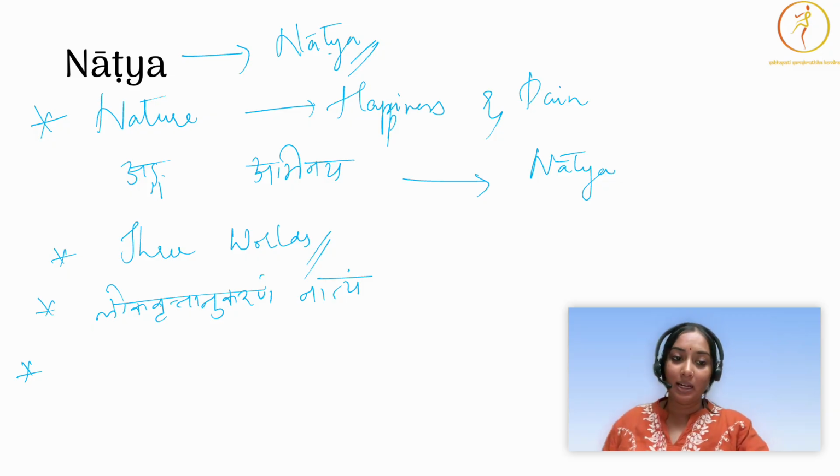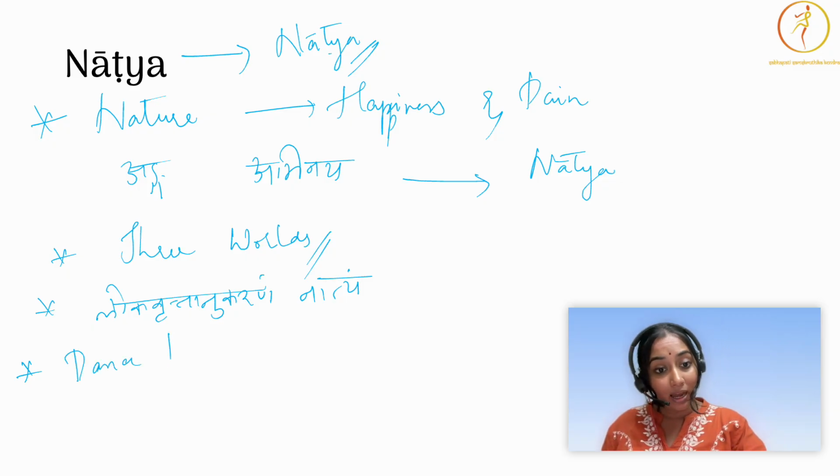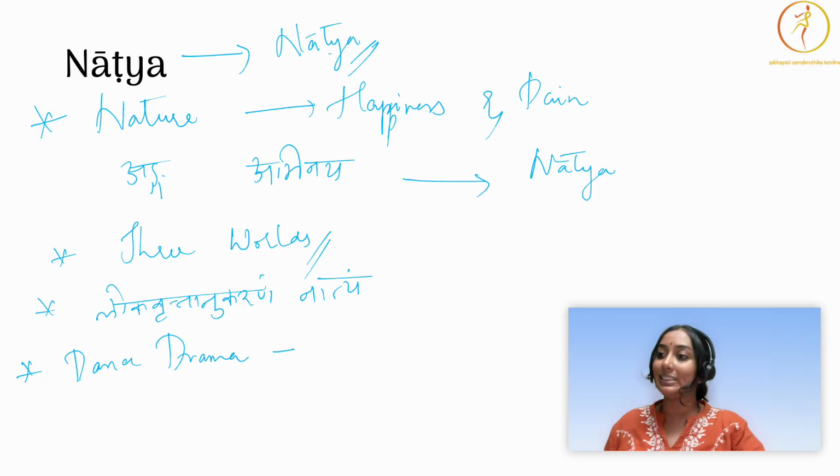So hence Natya falls mostly under the dance drama category, where it combines elements of nritta and nritya, and there is a culmination of so many things, all art forms, dance, drama. There's Vachika, right?